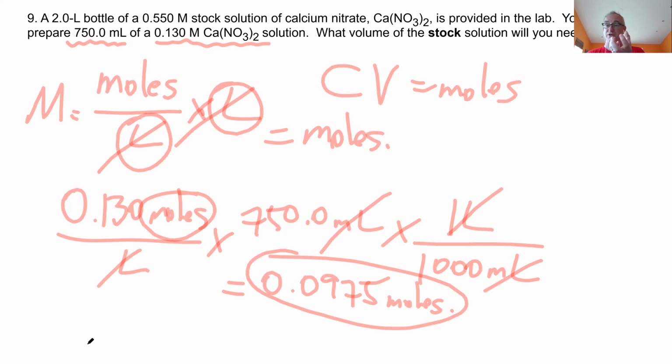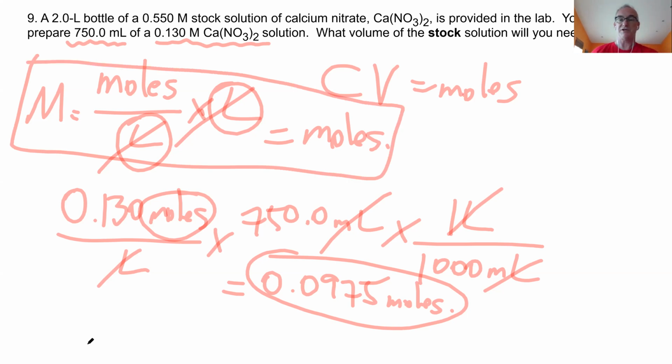And so I basically just do that same thing in reverse. Now I have the number of moles and I have my concentration. Now I just need to figure out what the volume is. And so we just basically plug it back into the same equation. But now I know what the moles are. So I have 0.0975 moles. I know I need that many.